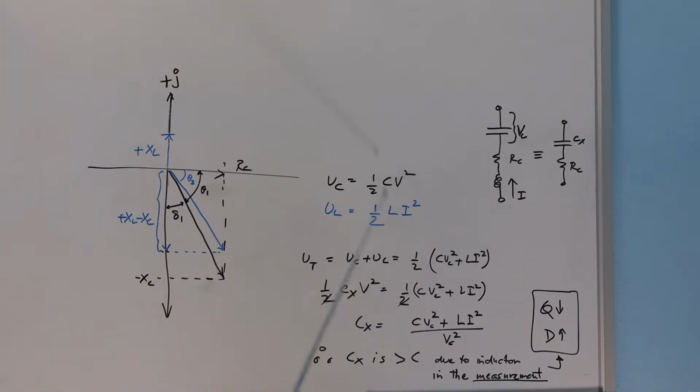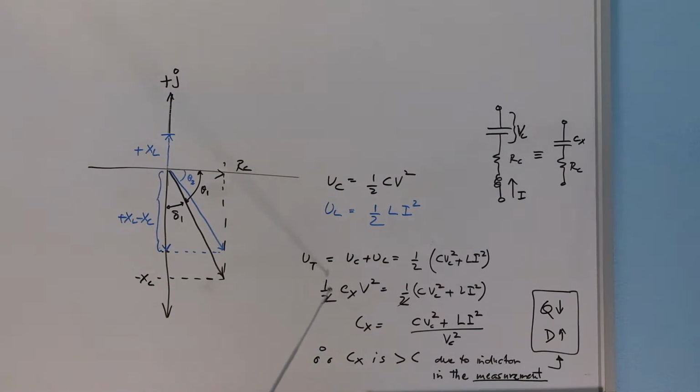You have the inductor and the capacitor basically out of phase with each other in terms of current and voltage, but the total energy is still going to be half of C VC squared plus L i squared, and that energy is going to be constant as far as the total energy is concerned.